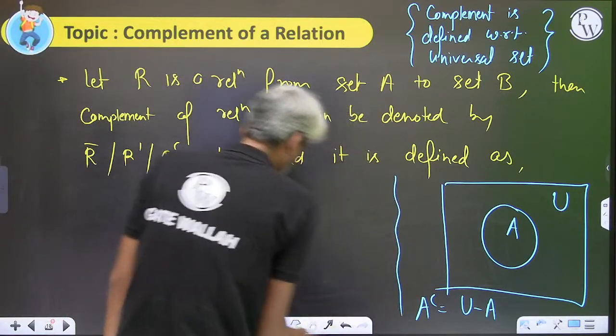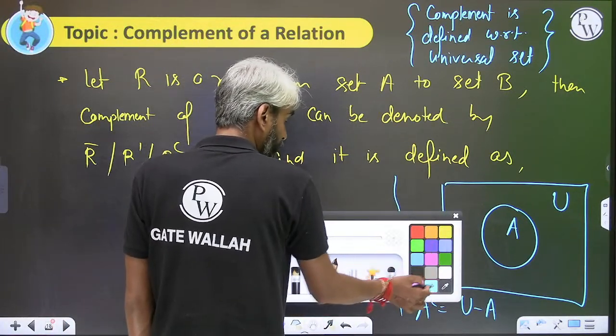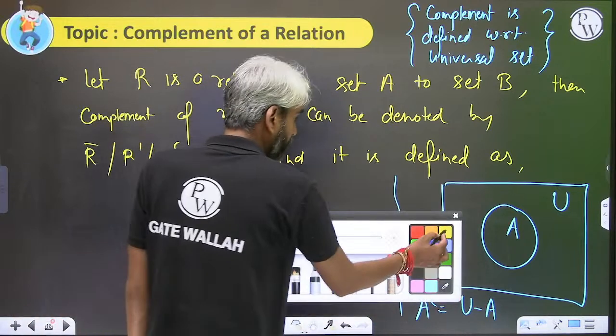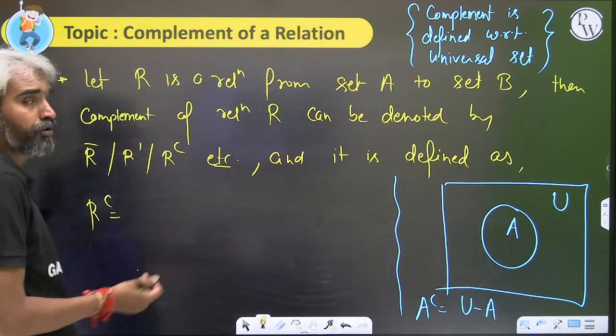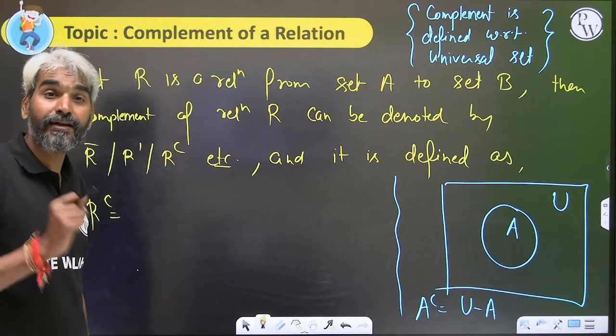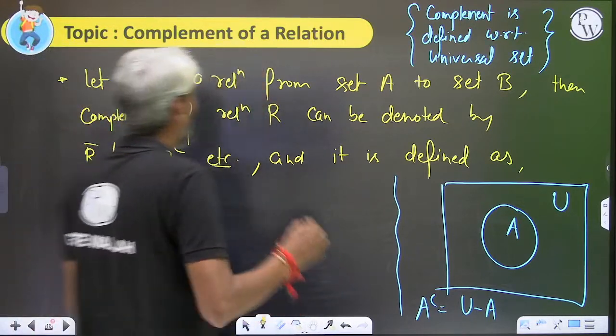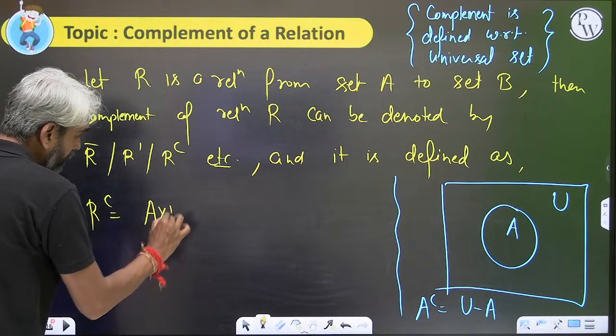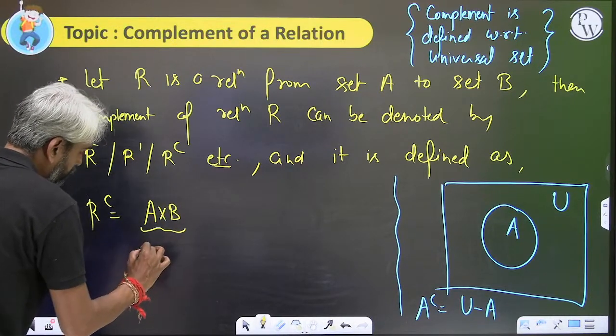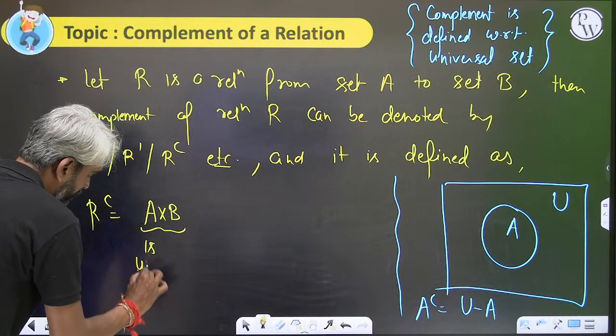In a similar manner, how do we define the complement of a relation? How do we define R complement? R is actually a relation which is derived from A cross B, because it is a relation from A to B. So this A cross B is the universal set.